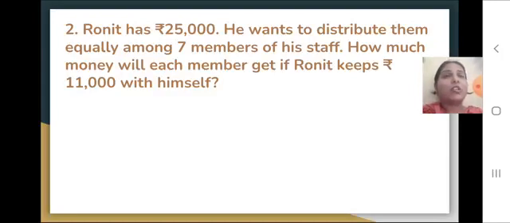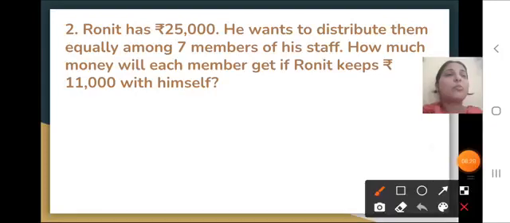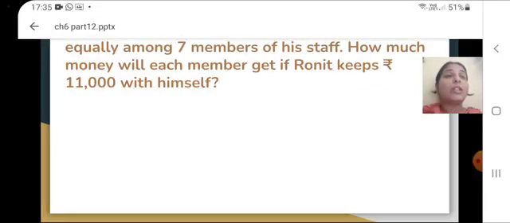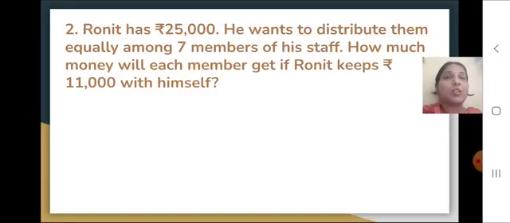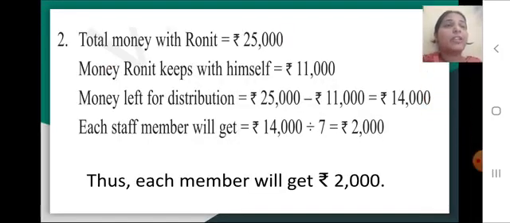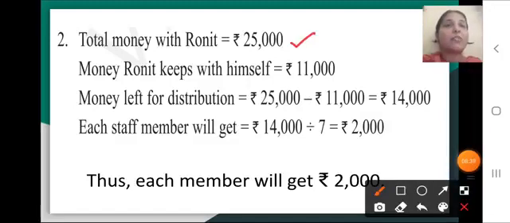So here you can see Ronit has 25,000 and he wants to distribute them equally among 7 members of his staff. But he keeps rupees 11,000 with himself. So how will we find the answer? First, we will write what is given. Total money with Ronit is given, which is rupees 25,000.